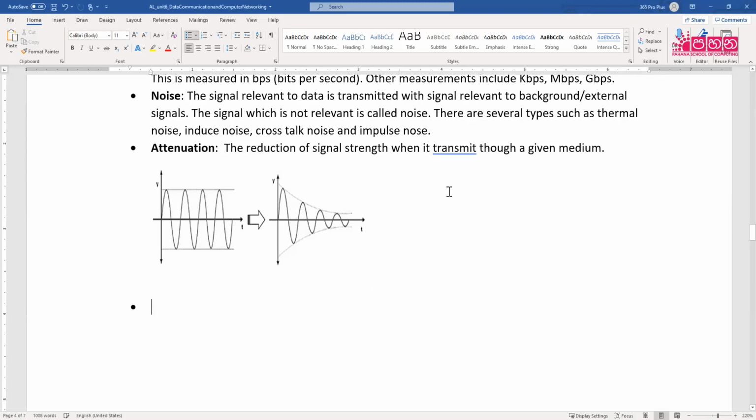You can draw this, and then write down: to prevent attenuation, amplifiers can be used.